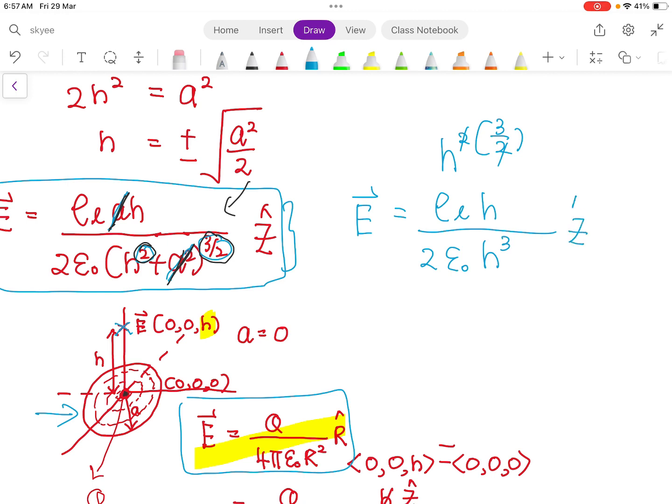This one remains, and then this thing is power 1 minus 3. Then you will get rho L h to the negative 2, so I can move it to the bottom.